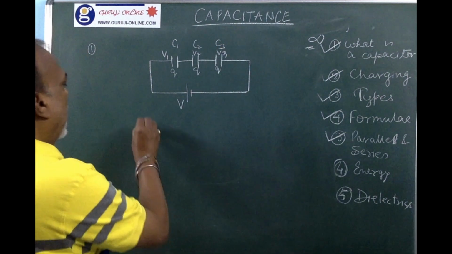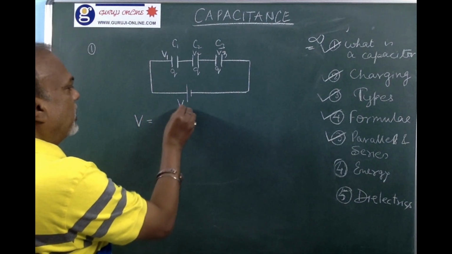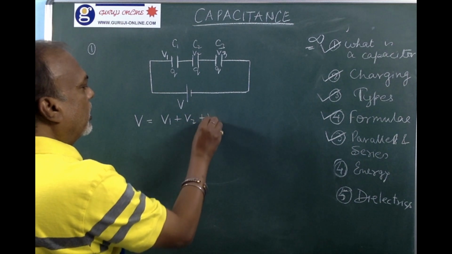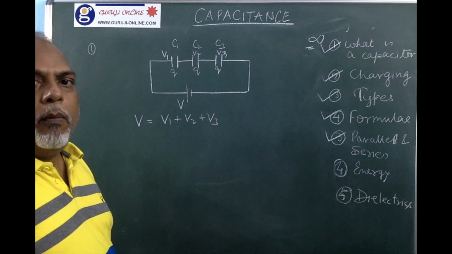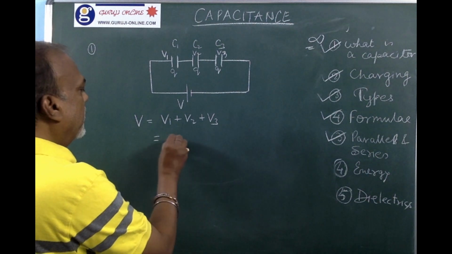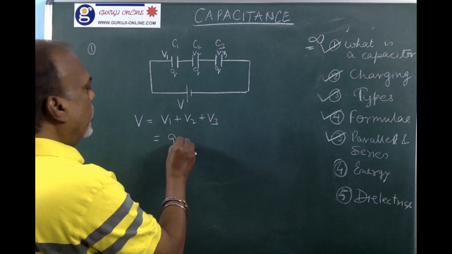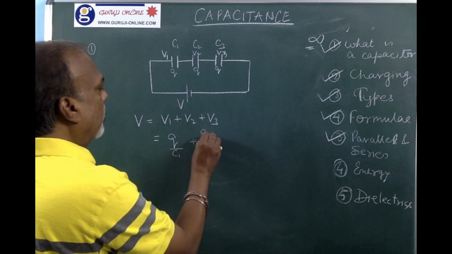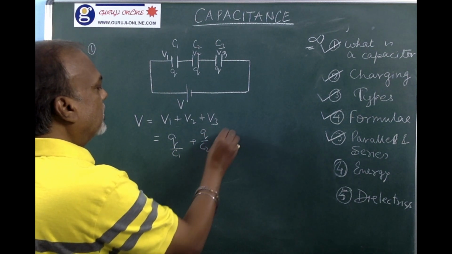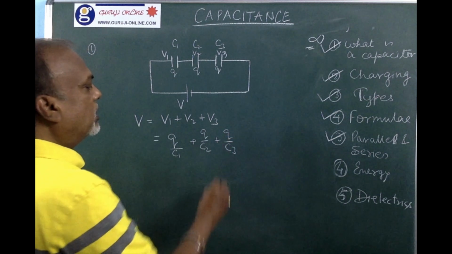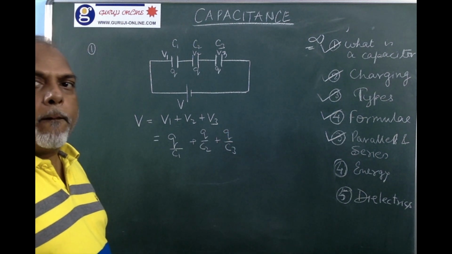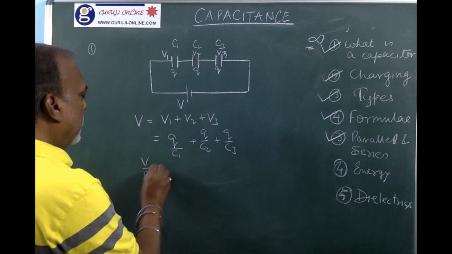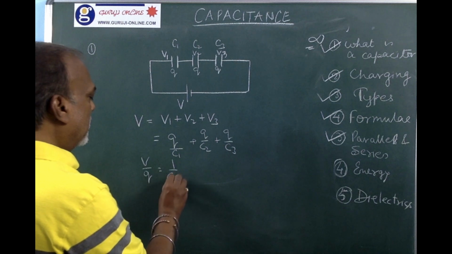Correct? And this total voltage will be the sum of these. We can write it as Q upon C1 plus Q upon C2 plus Q upon C3. Correct? So V upon Q is equal to 1 upon C equivalent.